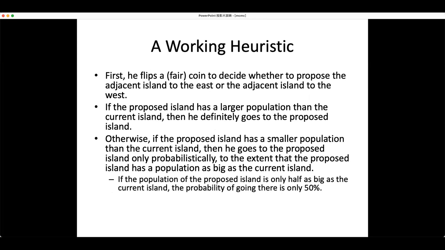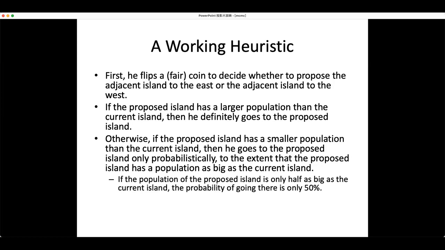So first, this politician flips a fair coin to decide whether to propose the adjacent island to the east or the adjacent island to the west. One side represents the east, one side represents the west.